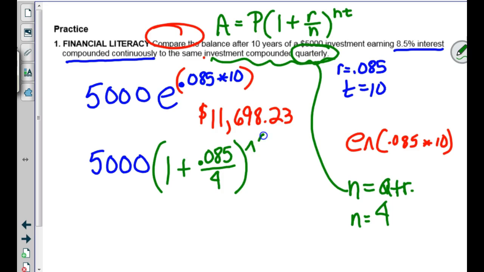And they're going to compound it 4 times a year for 10 years. So you can do to the power of 40 if you want. Do I need extra parentheses around this fraction? No, because it always divides, right? Calculator knows to divide before it adds. Okay.